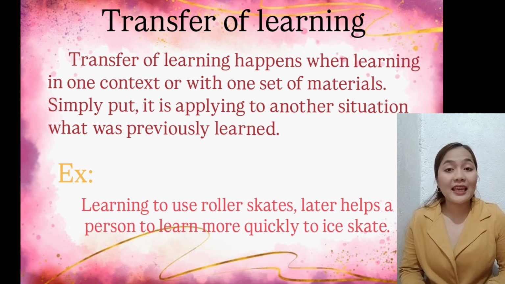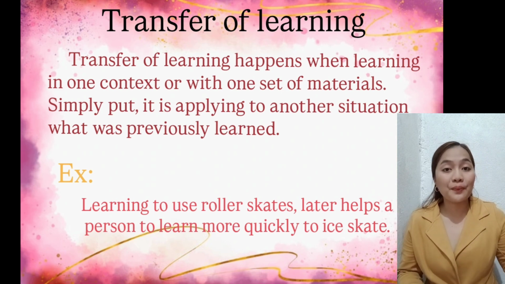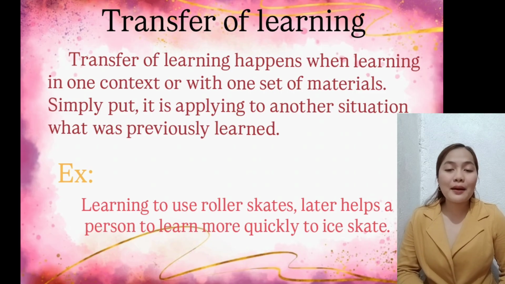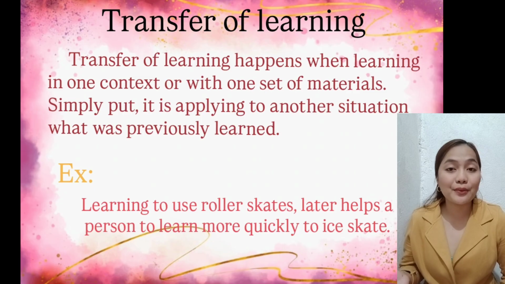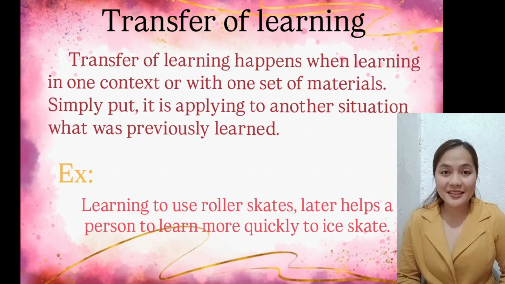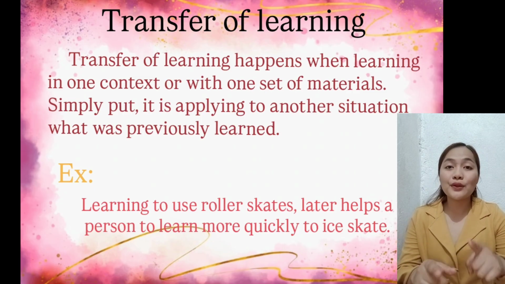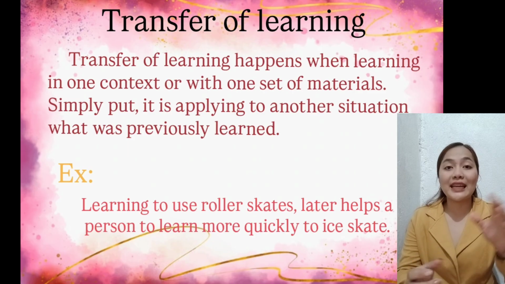It's like taking a skill you have and using it somewhere else. For example, learning to use roller skates later helps a person to learn more quickly to ice skate. You already have knowledge about roller skates, so it is easier for you to learn ice skates.